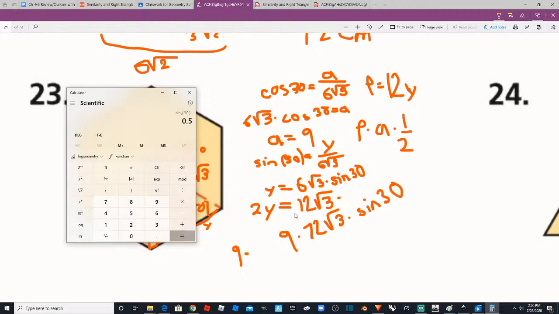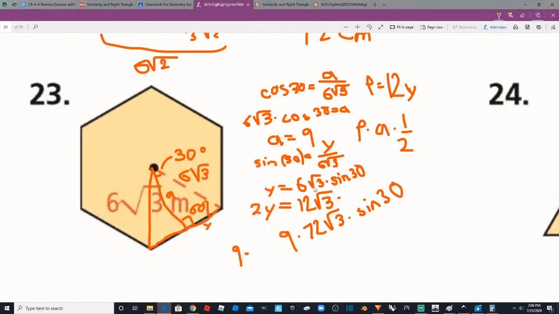We have 0.5, 0.5 multiplied by 9, which should be 4.5, multiplied by 72, no, that can't be right.